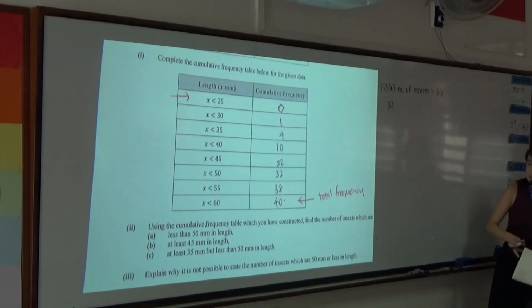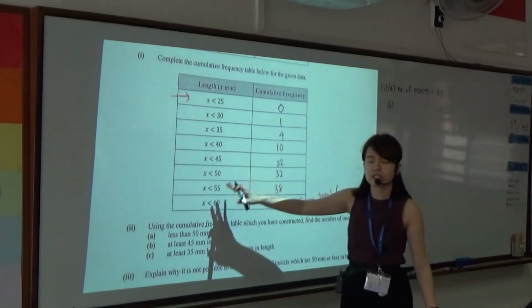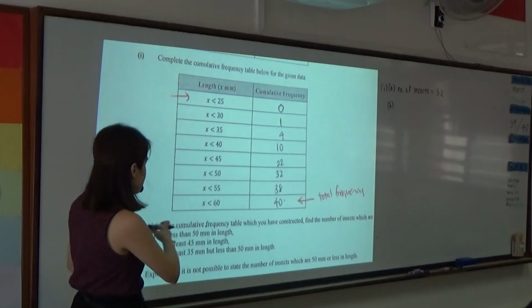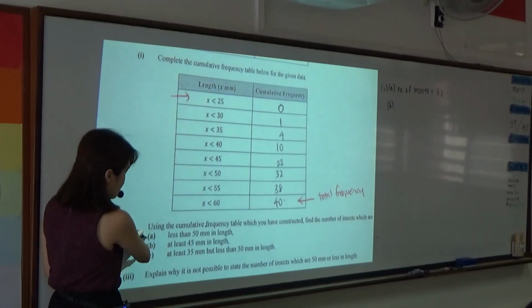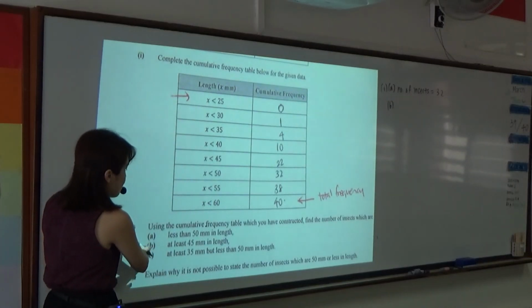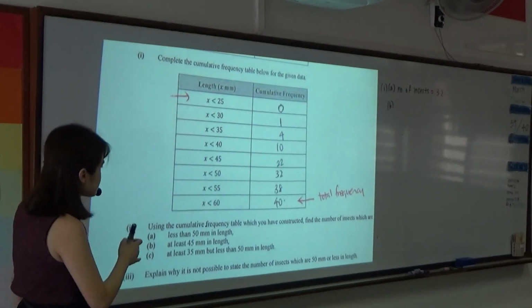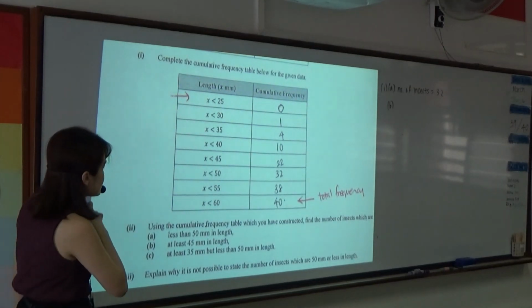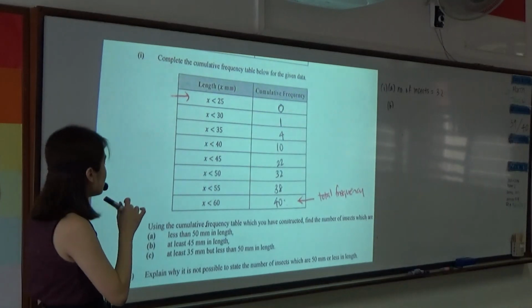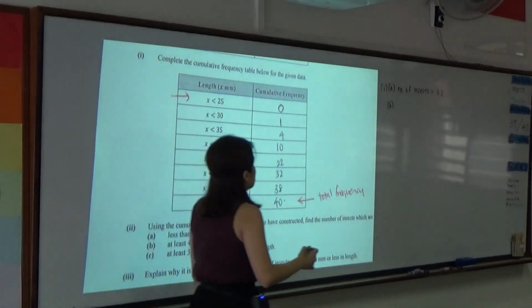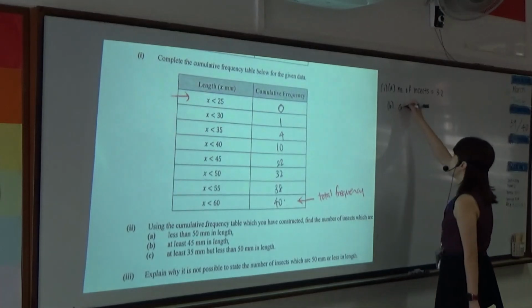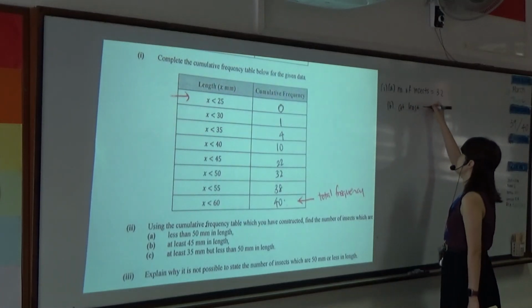In answering this question for your SLS assignment, that was actually okay, well done. But I think it's part B, part C that is a little bit shaky. Find the number of insects which are at least 45 millimeters in length. At least actually means more than or equals to.